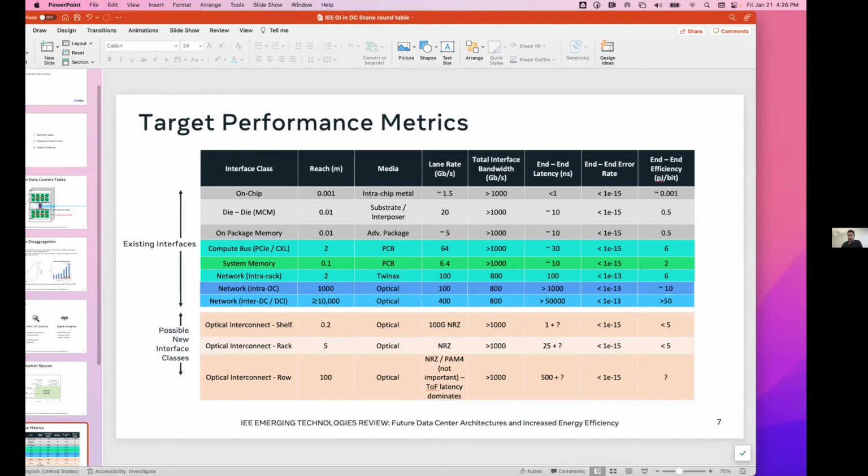Yep. Thomas said it correctly. Right. I think that's one thing I'm missing from this table from our discussion is shoreline density. And I think it was Thomas who said PCIe 6 was your bogey and you were trying to beat that. Is that right? That's what we used internally, saying if we can't do better than that, what are we really doing?